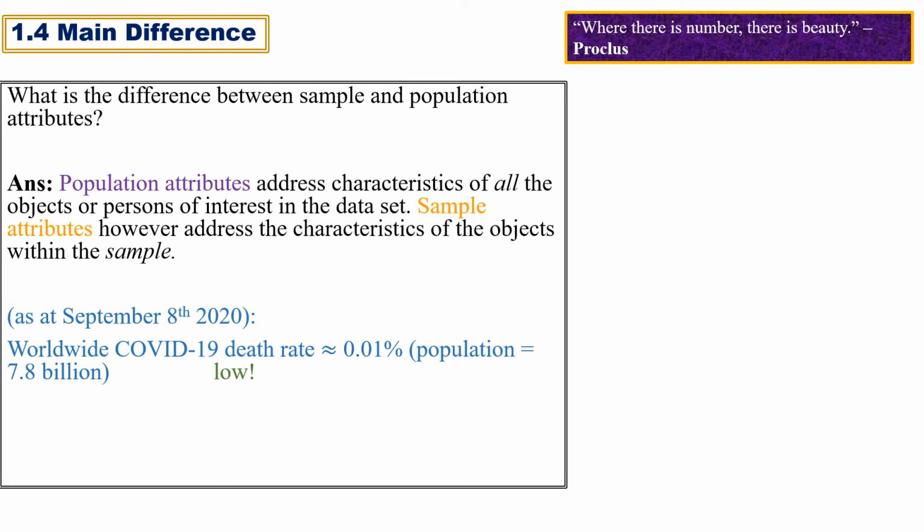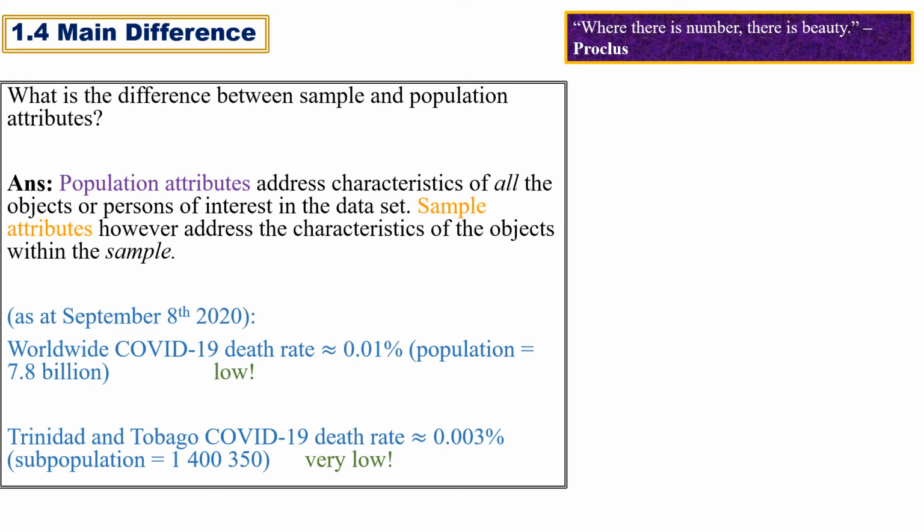So the worldwide COVID-19 death rate as at September 8, 2020 is considered low. We look also at the Trinidad and Tobago death rate, which represents a sample of the world, a subpopulation of 1,400,350. The death rate was calculated at 0.003%, and that is very low.